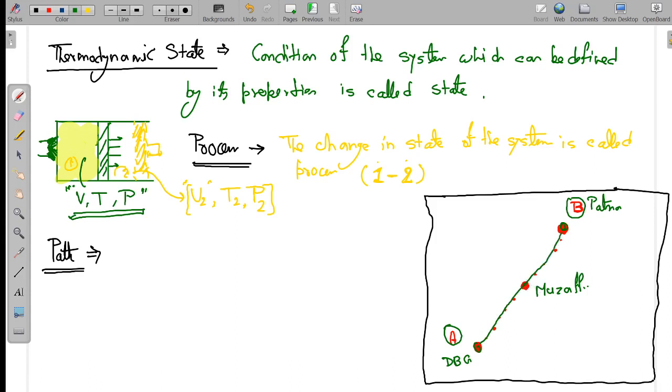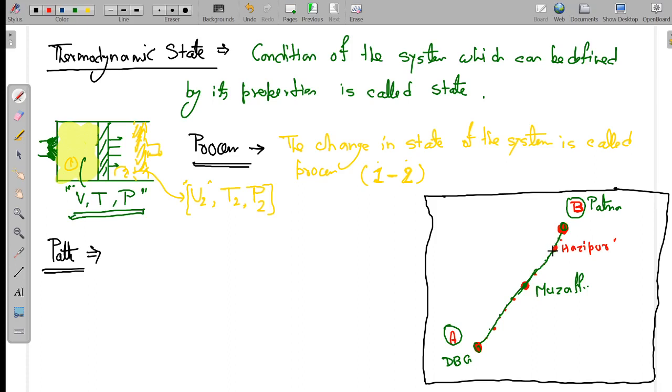I have passed through Muzaffarpur and, in between, small villages or small locations. Similarly, from Muzaffarpur to Patna, I have passed small locations. All this series of states can be defined. Like if I am standing at this point, this is Hajipur, I am just giving an example.